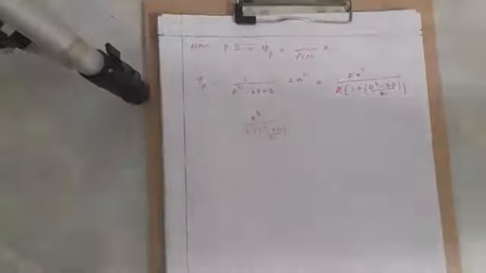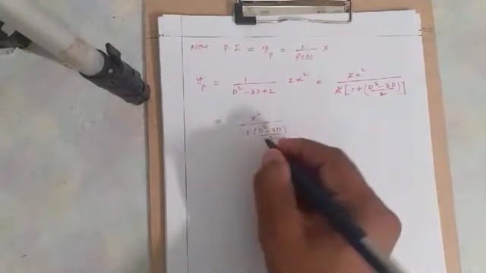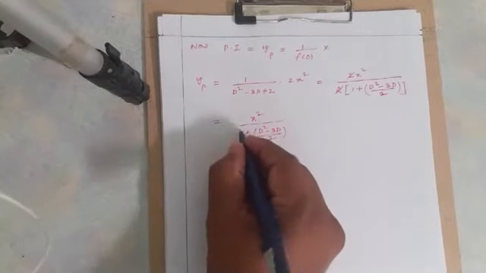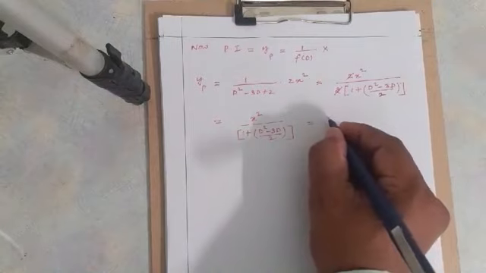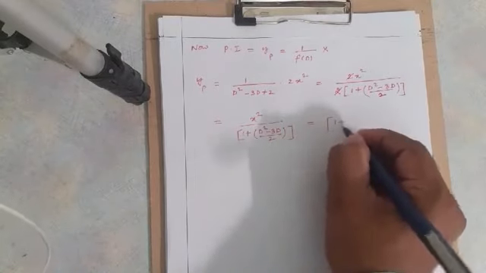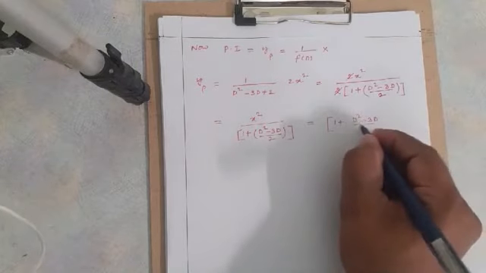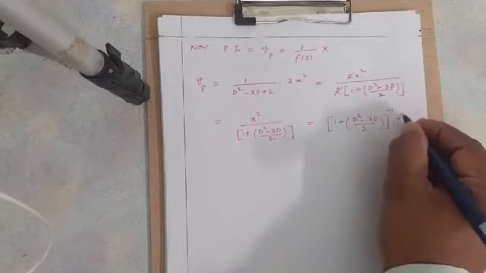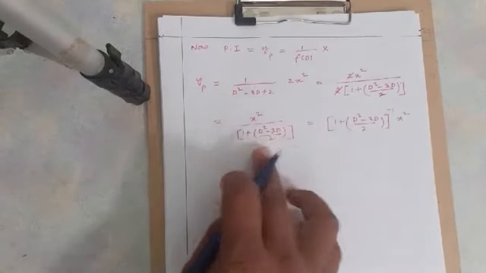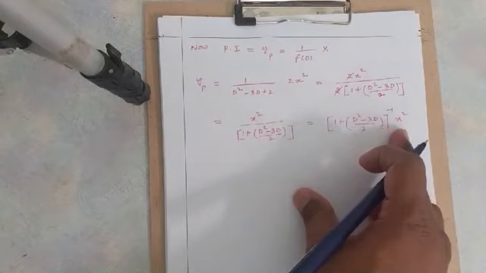So after writing this, we can take this whole term in the numerator. If you take it in the numerator, then this becomes 1 plus D square minus 3D upon 2, whole inverse, into x square. I am taking this denominator in the numerator so that it becomes whole power minus 1 into x square.